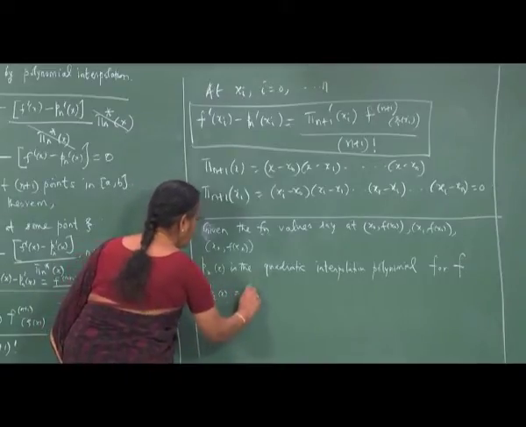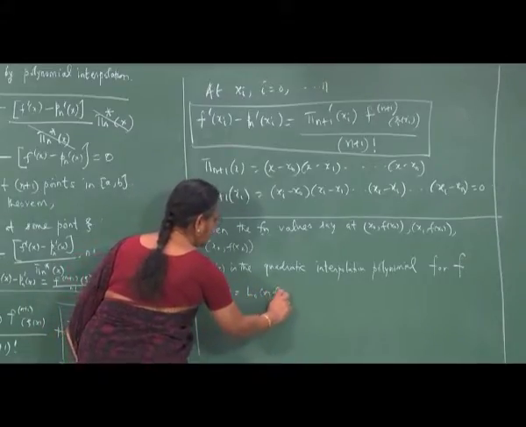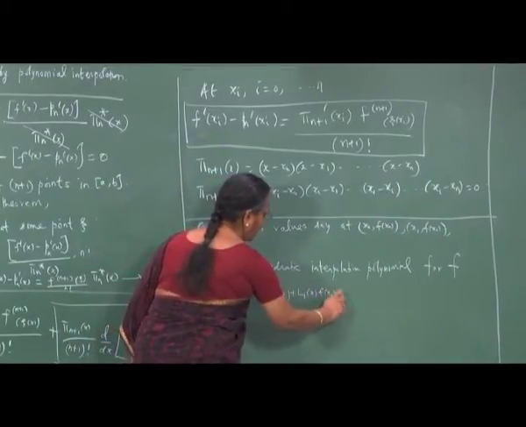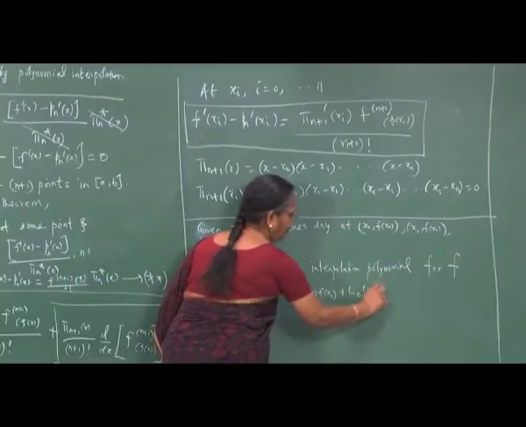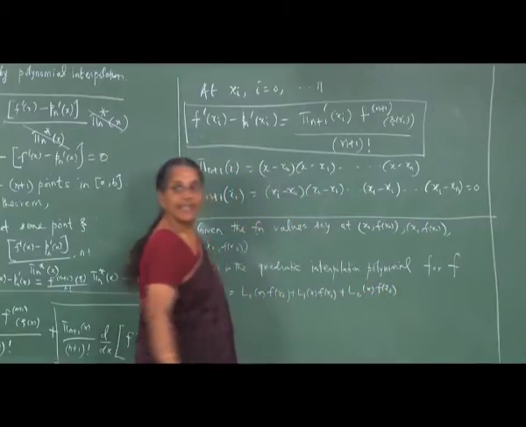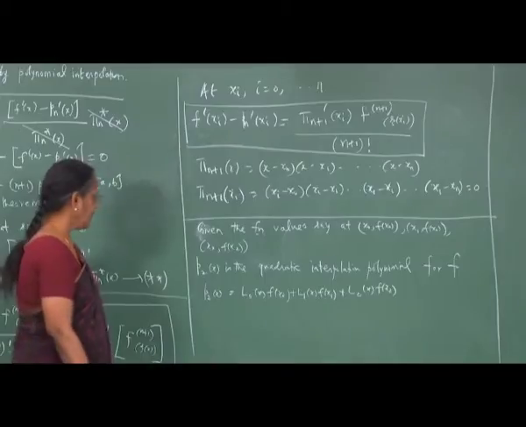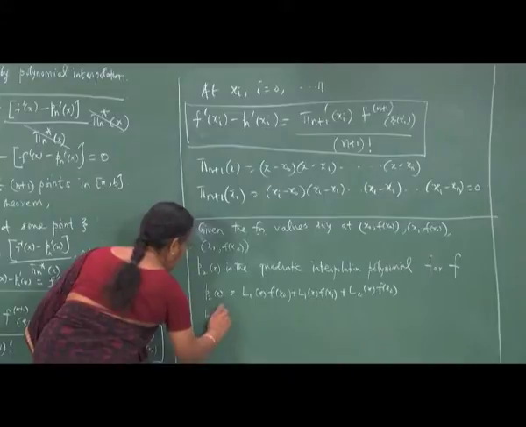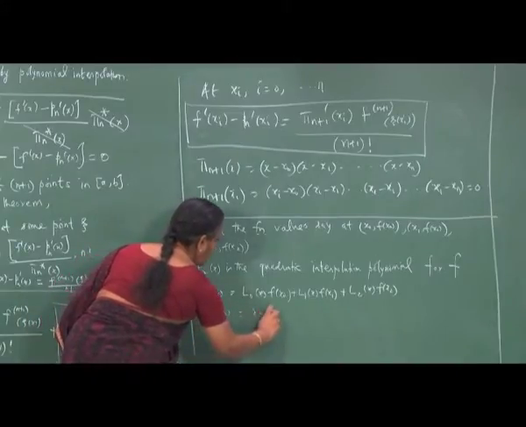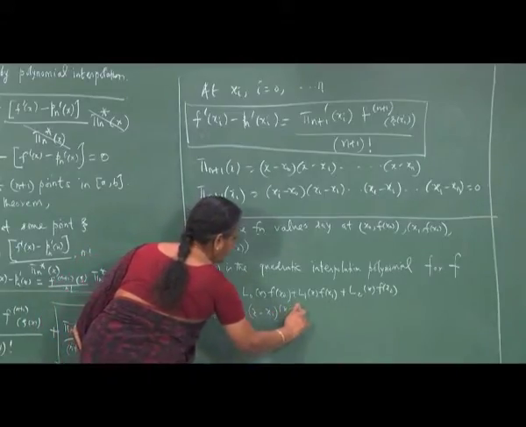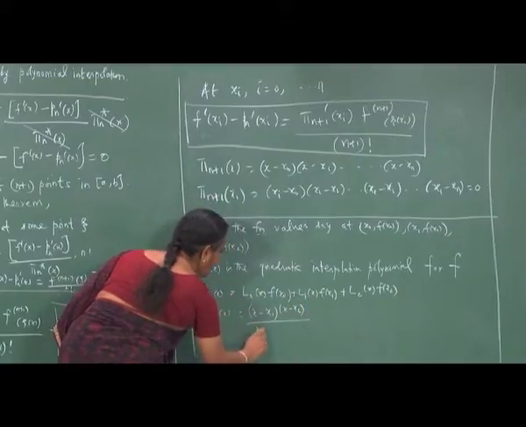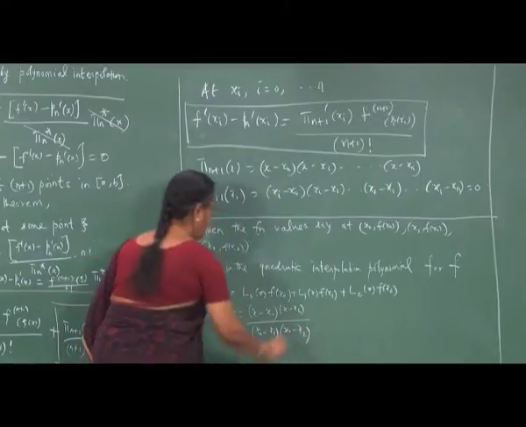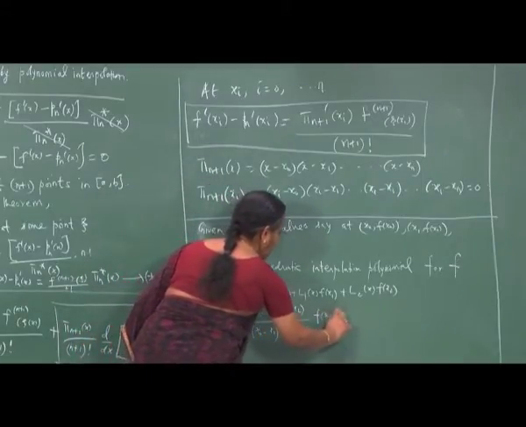P2 of x, we know, is L0 of x into f of x0 plus L1 of x into f of x1 plus L2 of x into f of x2. That is the interpolation polynomial. What are L0, L1, L2? So, L0 of x will be equal to x minus x1 into x minus x2 divided by x0 minus x1 into x0 minus x2, multiplied by f at x0.